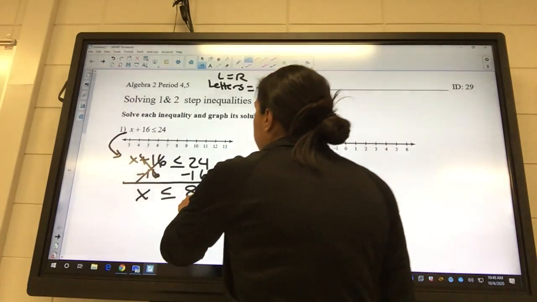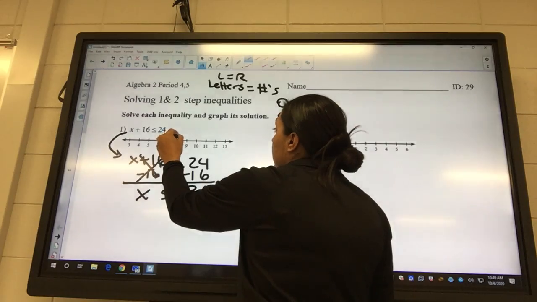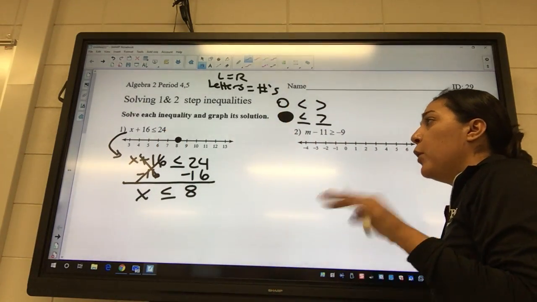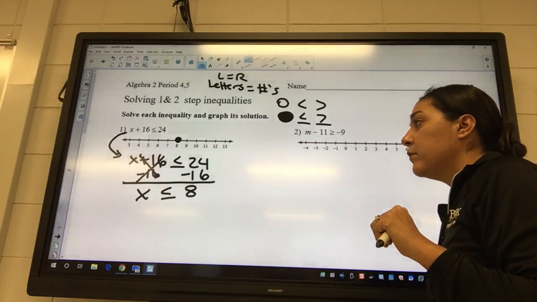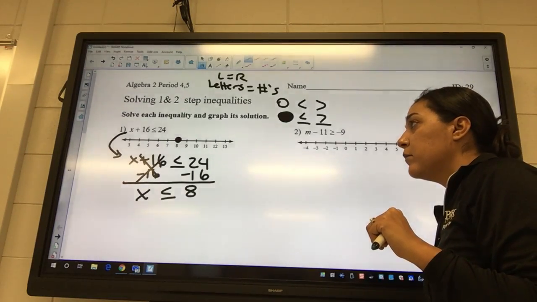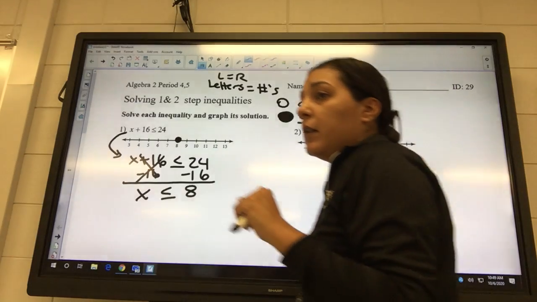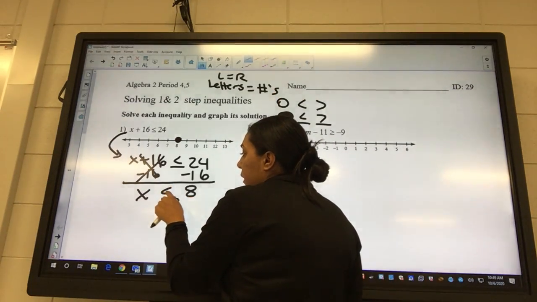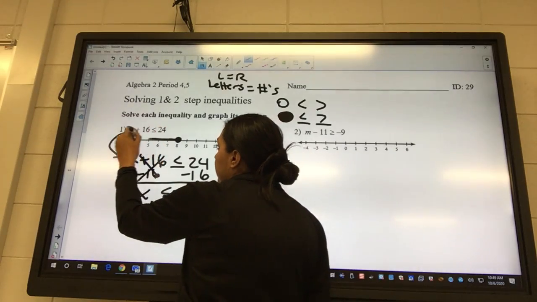So we need to find the 8, and we're going to put a closed dot. And which way is my arrow pointed? By that I mean, see how this comes to a point? That means my arrow should be going this way.